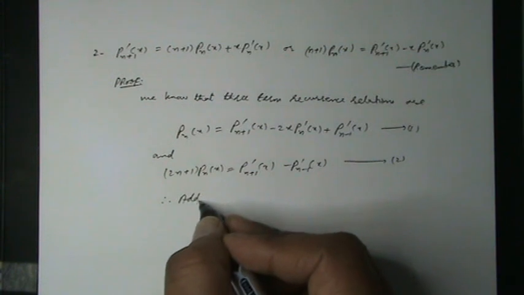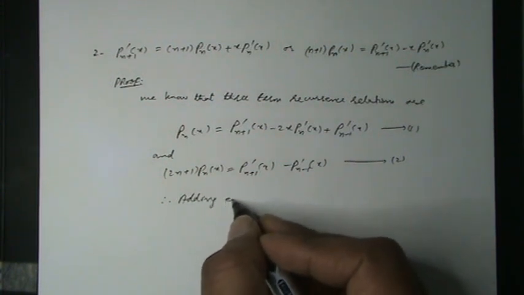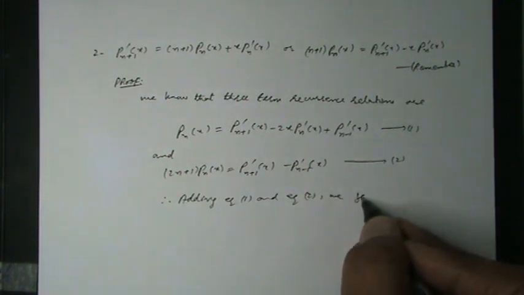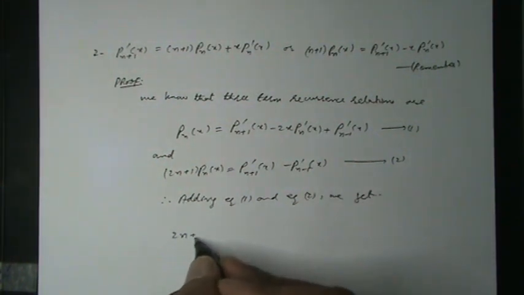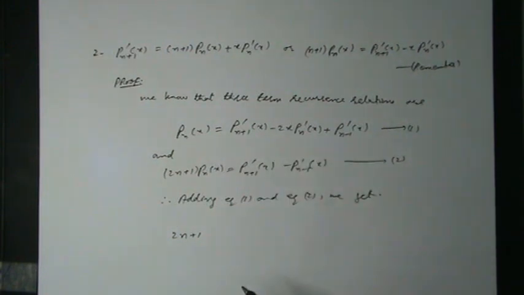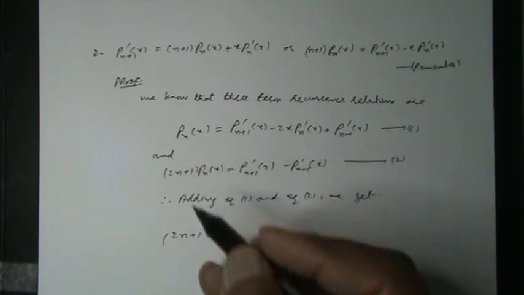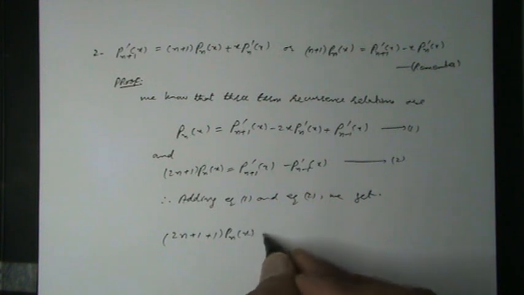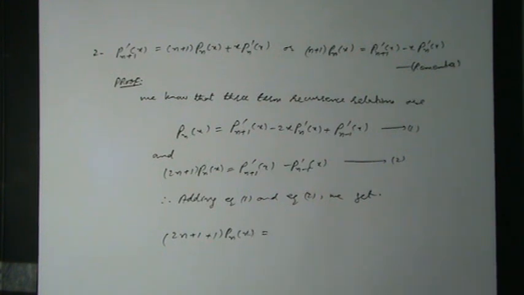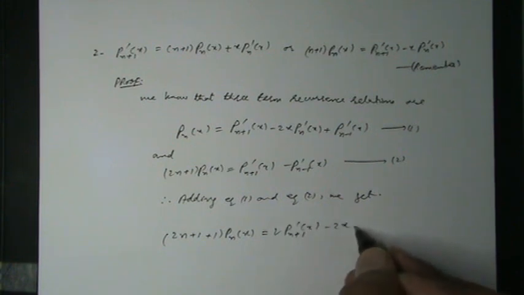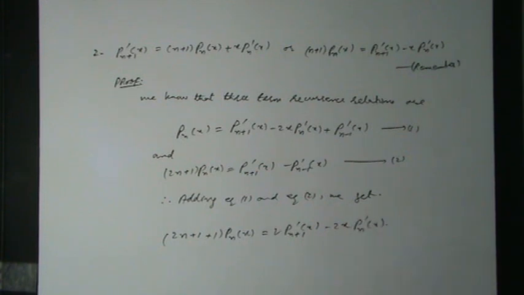Therefore, adding equation 1 and equation 2, we get (2n plus 1 plus 1) Pn(x) equal to, very easy, 2Pn plus 1 dash (x) minus 2x Pn dash (x).